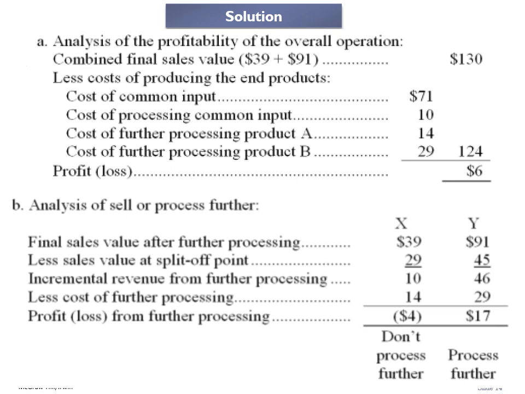This is the incremental revenue. We will put the incremental cost of further processing. So I will say less cost of further processing, which is 14 for X and 29 for Y, to arrive at the profit or loss from further processing.